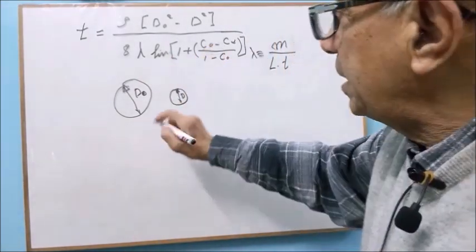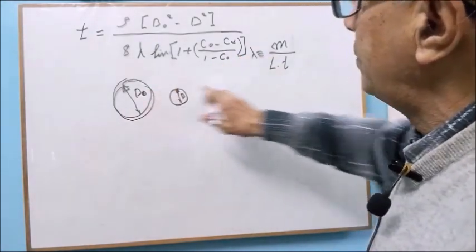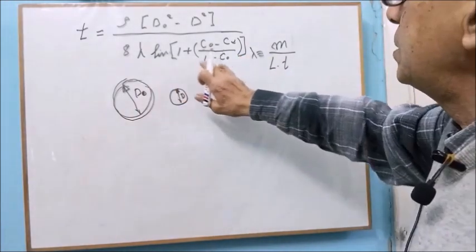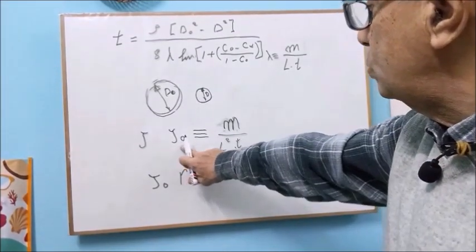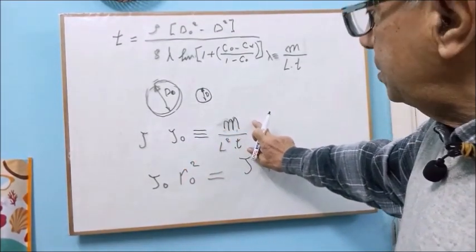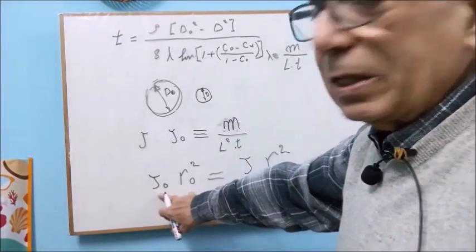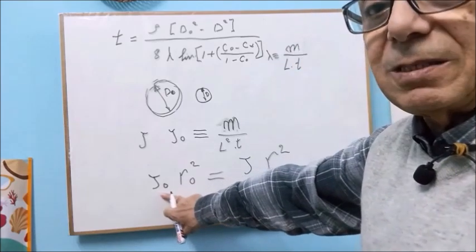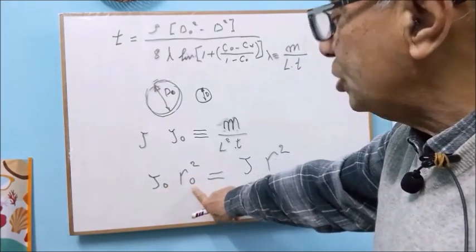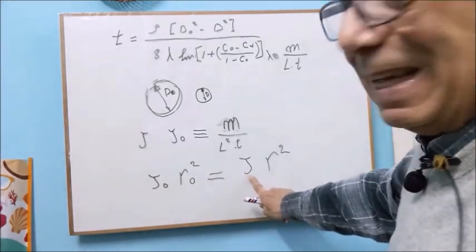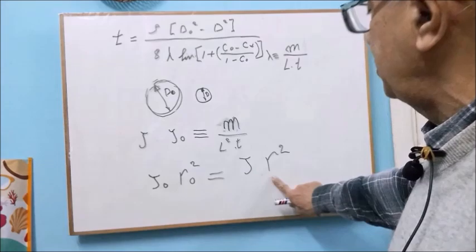C0 is the concentration at the border of the droplet, C infinity the concentration at a very far distance from the droplet. There are some things I want to emphasize. One parameter is J0, the mass evaporated per unit area per unit time. Consequently J0 at the beginning, the rate of mass evaporated per unit area per unit time, times the original radius squared, equals J at any stage of the evaporation times the present radius at that stage, squared.